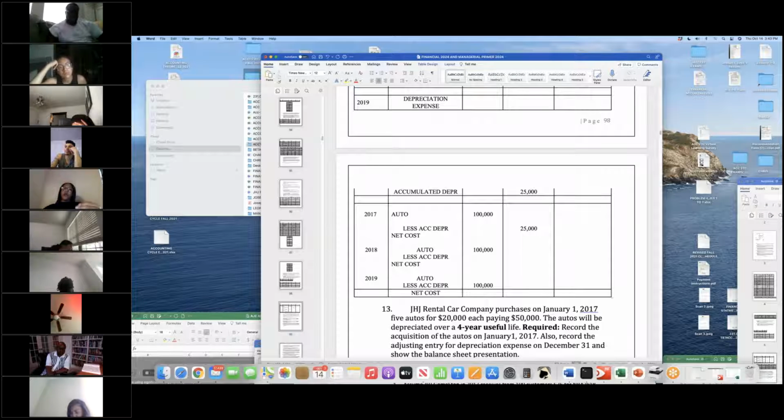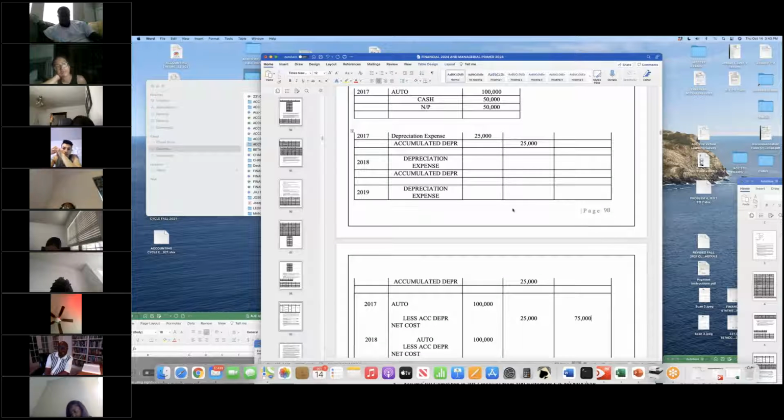Is it credit? Normal balance is a credit for accumulated depreciation. So we have the asset, because the asset is long-lived, it lasts more than a year. We're going to always keep the original cost, but what we write off, we're going to put in this accumulated depreciation account. But on our balance sheet presentation now, it's going to be cost less accumulated depreciation, $75,000.